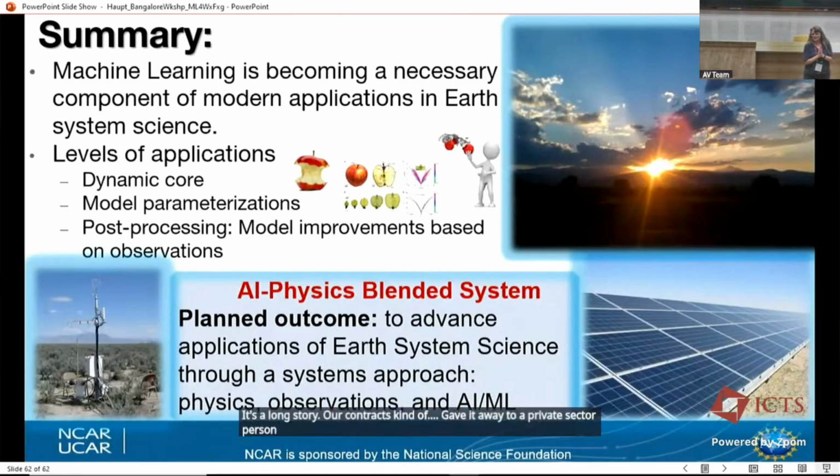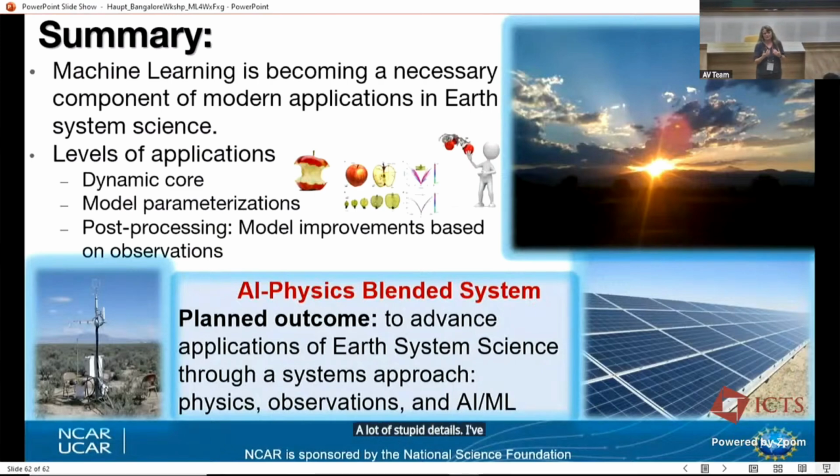So a lot of stupid details. I've been trying to get the funding to build a new fully gridded system. In the meantime, other people have developed those, so it may not be as necessary as it was when we first realized this was an issue 6, 7 years ago. Yeah.